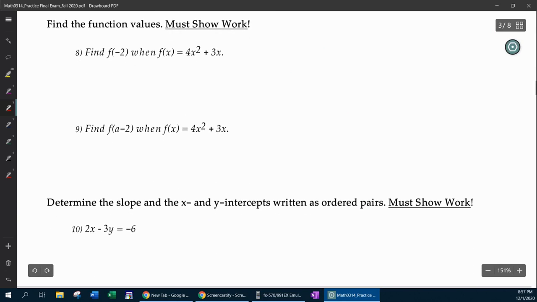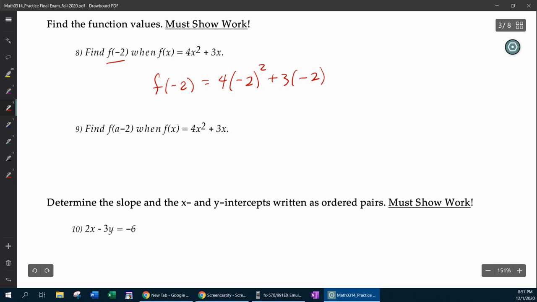Number 8, find the function values. We want to find f of -2 for this function. Now that is a plug and play problem. So we're going to replace every x with -2.